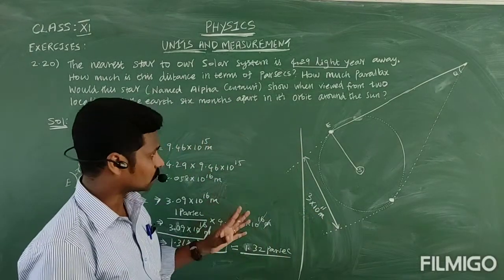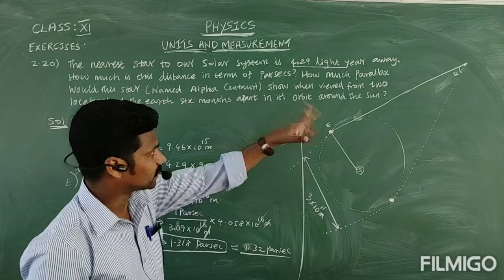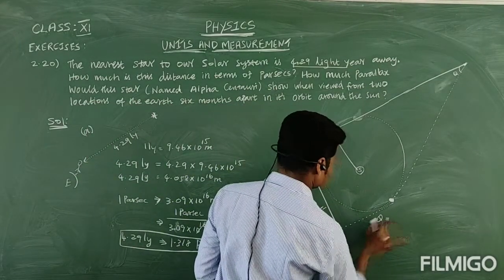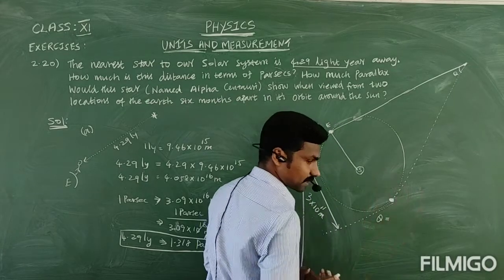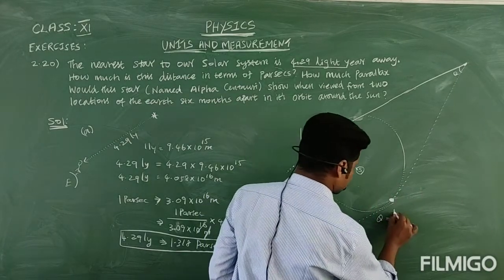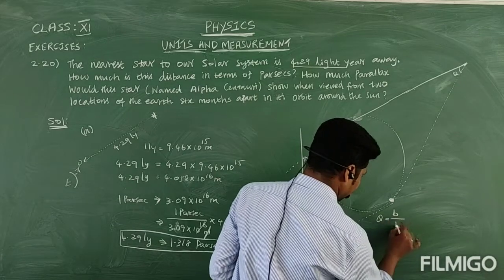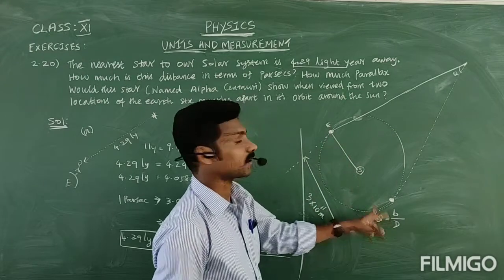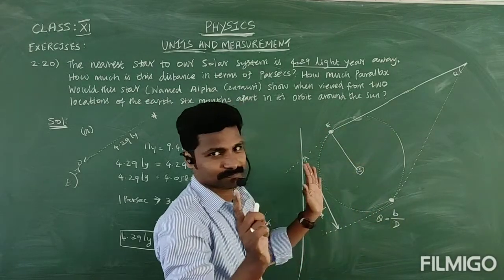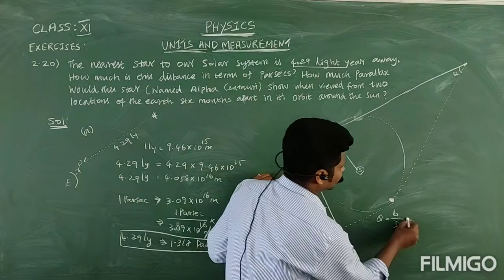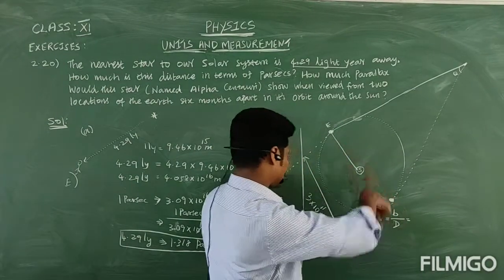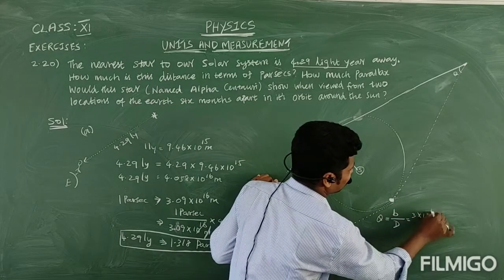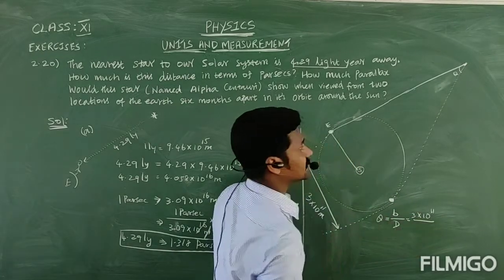Now we are going to find that angle. You can write the angle theta by using the parallax method: theta equals base divided by distance. The base is nothing but the diameter of this orbit, that is 3 into 10 power 11 divided by the distance.